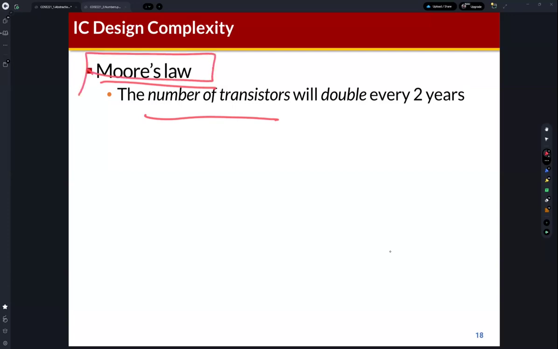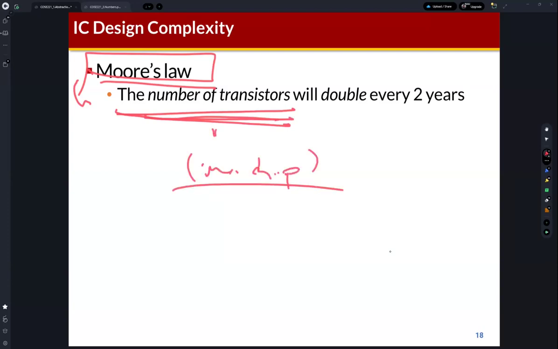So Moore's law says that the number of transistors in a chip will double, multiplied by 2, every 2 years.